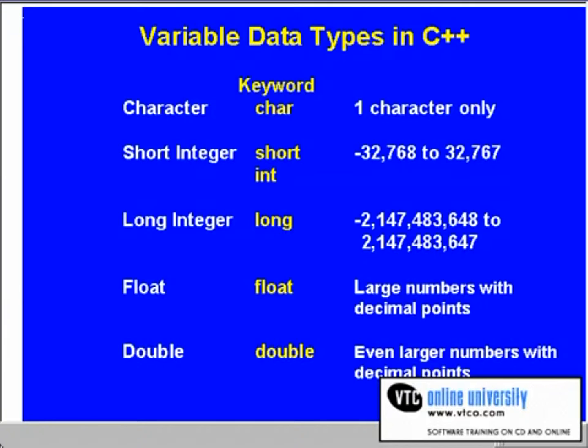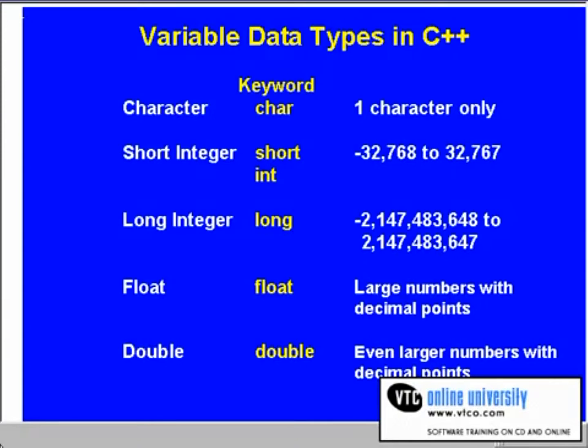There are two different classifications of integers. The short integer, which uses the keyword short or int, can store numbers between negative 32,768 to a positive 32,767. The long integers, which uses the keyword long, can store much larger numbers.